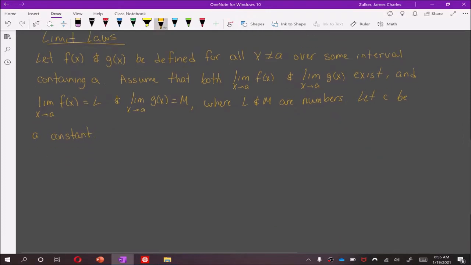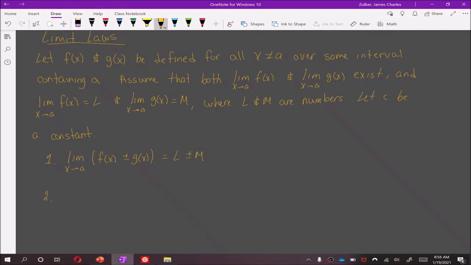Our first law, the limit as x approaches a of f of x plus or minus g of x is equal to L plus or minus M. So what this says is that if you're taking the limit of a sum or difference of functions, then the result is just the sum or difference of the individual limits.